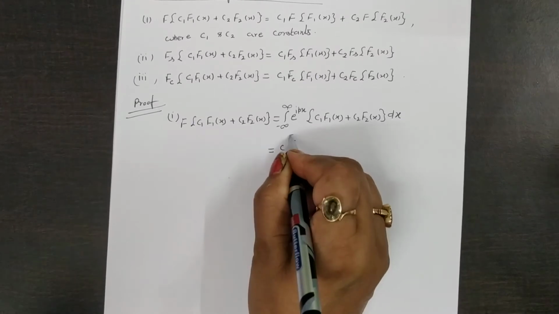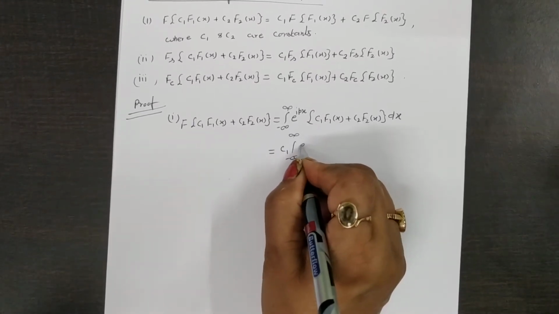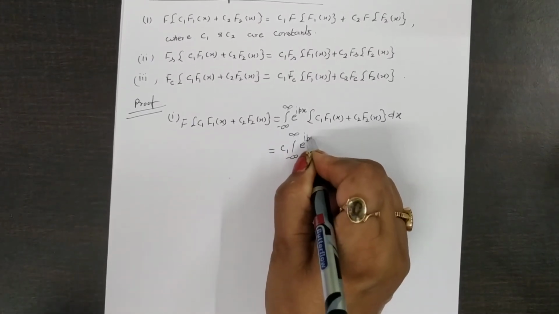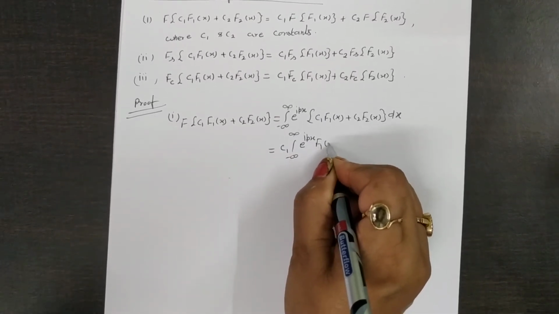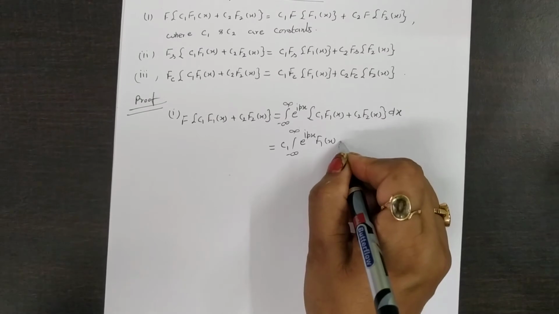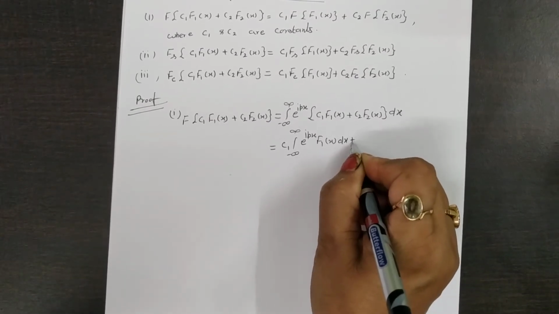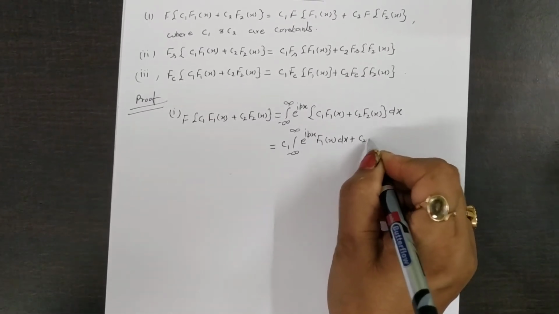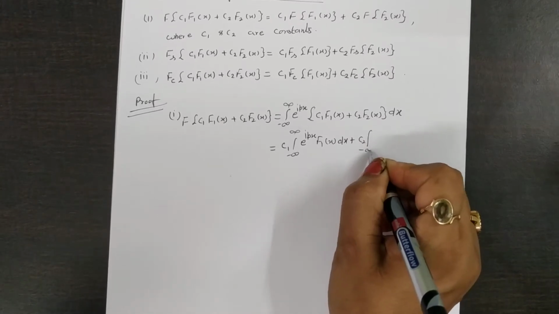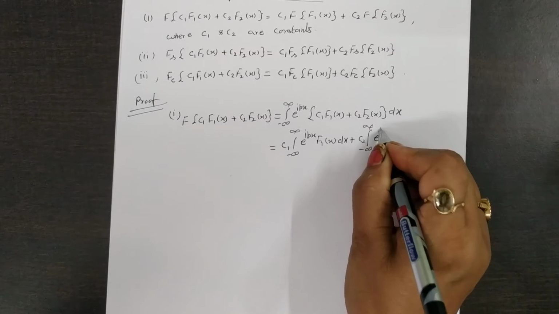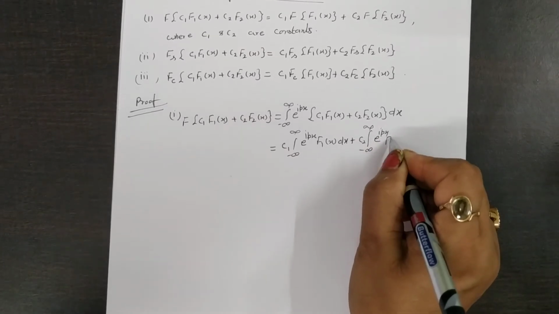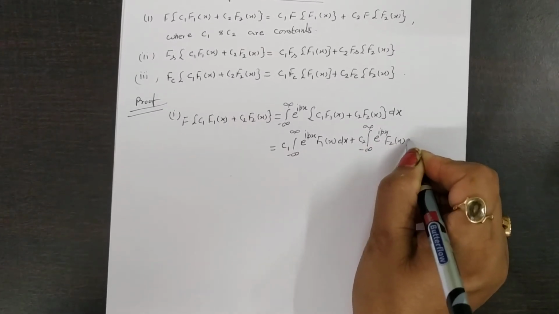the integral from minus infinity to infinity of e^(ipx) f1(x) dx, plus c2 times the integral from minus infinity to infinity of e^(ipx) f2(x) dx.